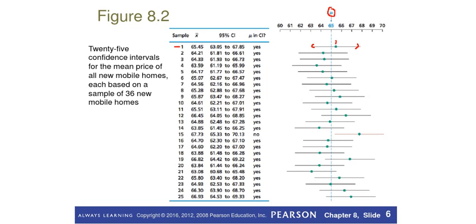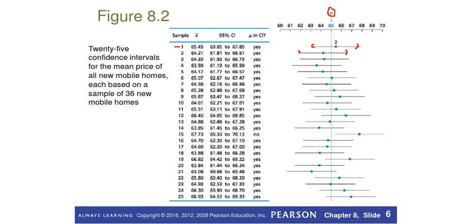This time, the sample mean lies somewhere on the interval from 61.81 to 66.61. We're 95% confident that the actual population mean lies within those endpoints.